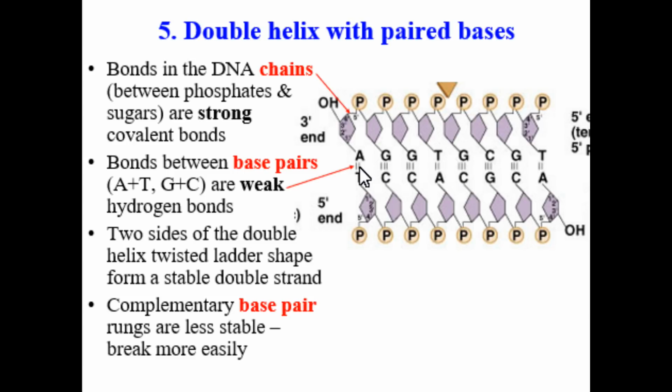So we're going to see, when we look at DNA being copied and when we look at proteins being made from DNA, that this DNA structure is going to be broken apart. Where is it going to be broken apart? In the weakest part. The weakest bonds are going to be broken, and these are the weakest bonds.